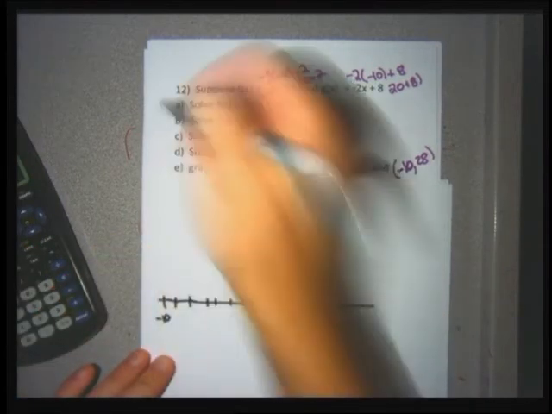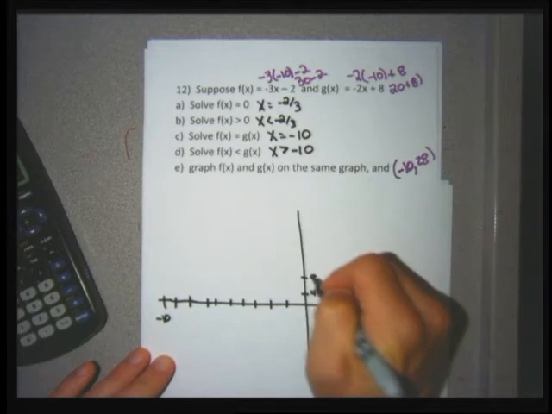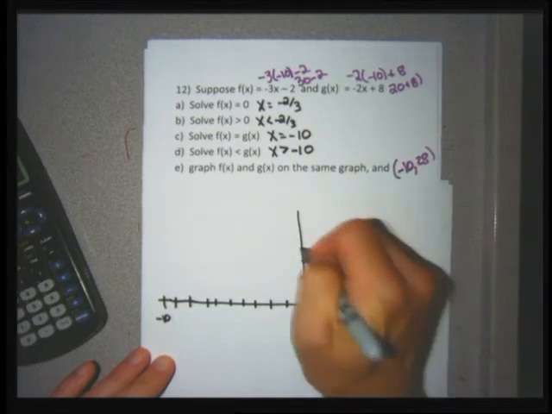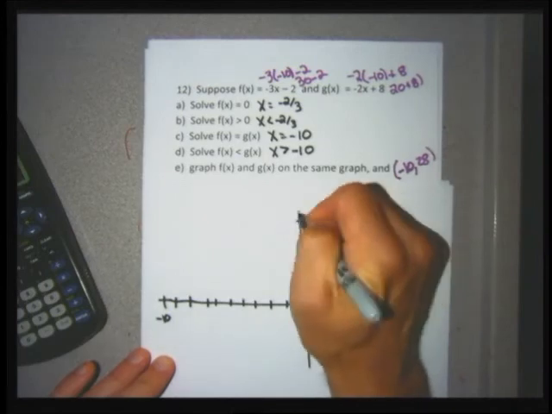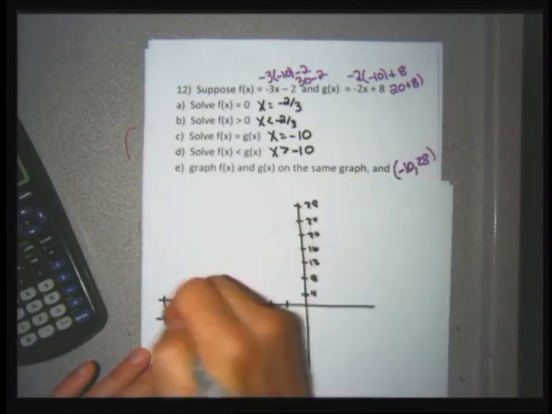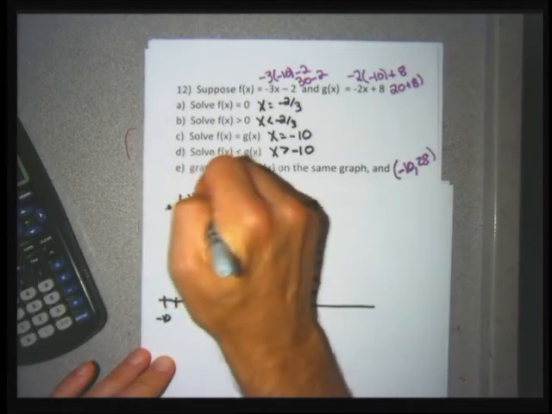And I need something to represent 28. So, oh gosh, I'm going to go by 4s. 4, 8, 12, 16, 20, 24, and 28. So here's the point negative 10, 28 where the 2 graphs intersect.